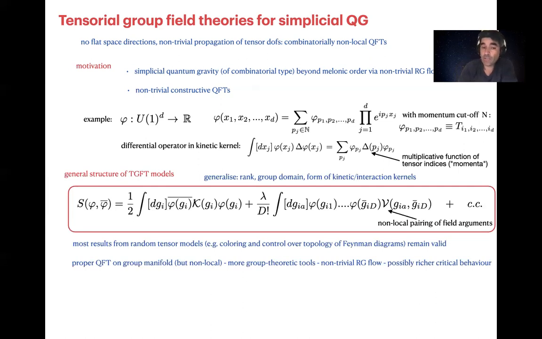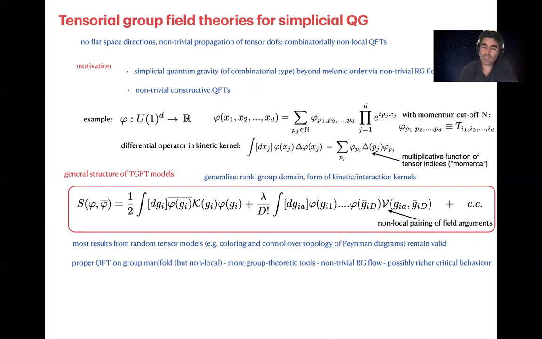So you have a kinetic kernel now involving differential operators, and then you have an interaction kernel with the usual tensorial non-local pairing of field arguments. Now, most results from random tensor models, from the simpler models we discussed, can be simply extended or just hold true.